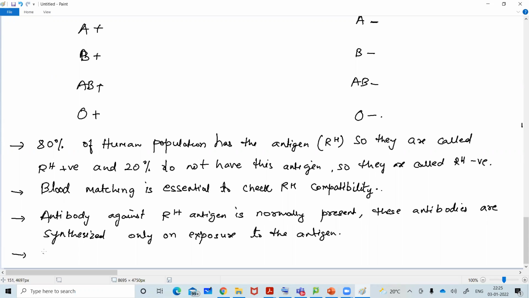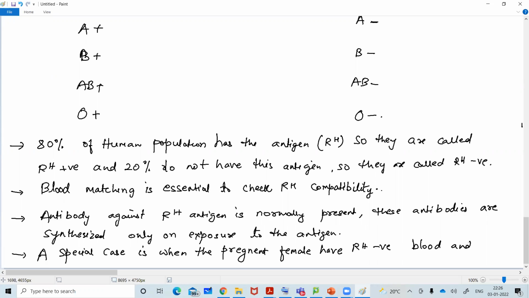Last point, a special case is when the pregnant female has Rh negative blood, and the fetus in her womb is Rh positive.